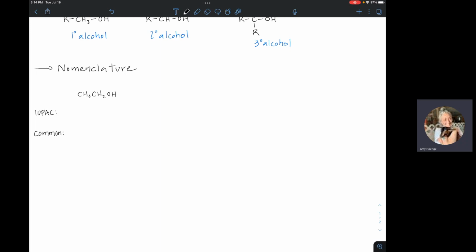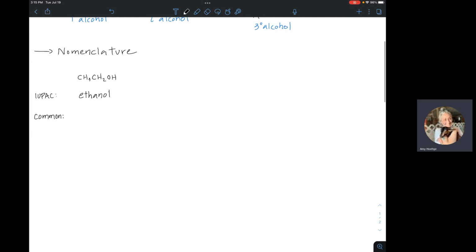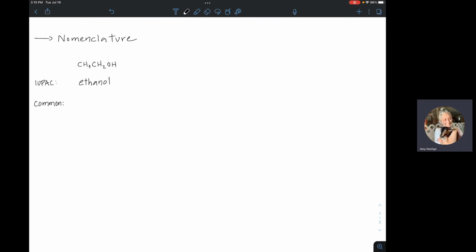And it was ethane, right? We're going to replace the E of the ethane with OL, and we're going to call it ethanol. For common nomenclature, we're going to say, hey, what's the alkyl group attached to the hydroxyl group? It's an ethyl group. So we have ethyl. And then we're just going to slap on the word alcohol.